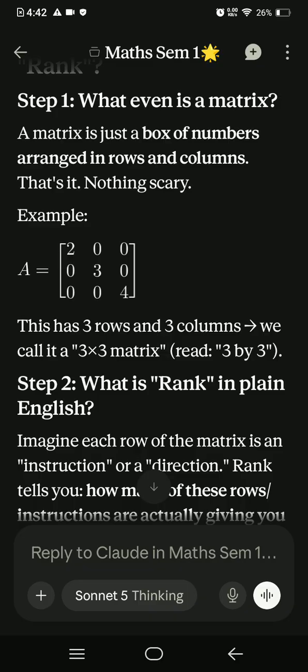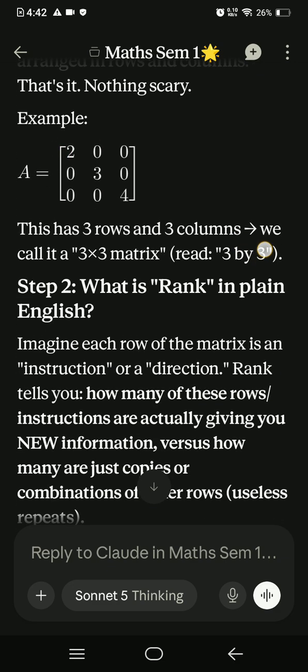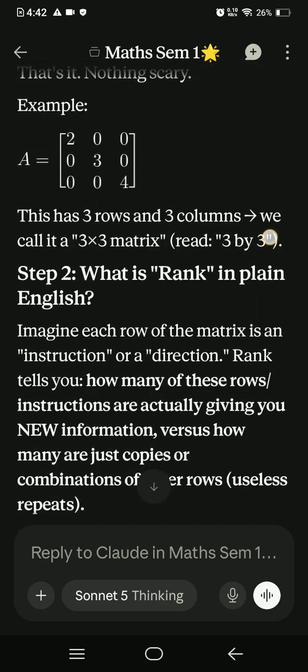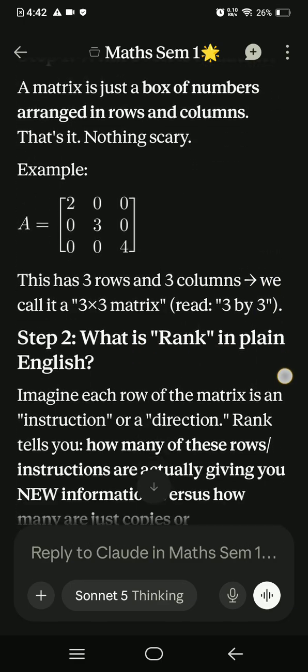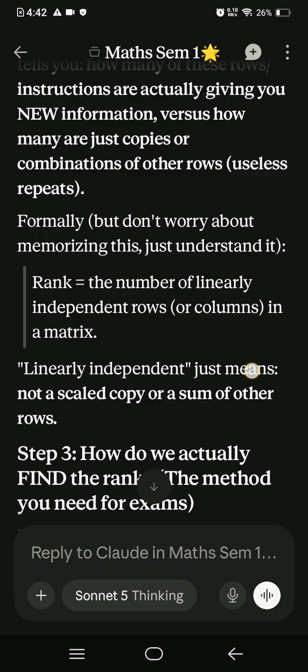But if we had 2 0 0 and 3 3 0, then we could have written it as maybe 5 0 0. I'm not sure about this rank thing, I'm just guessing.